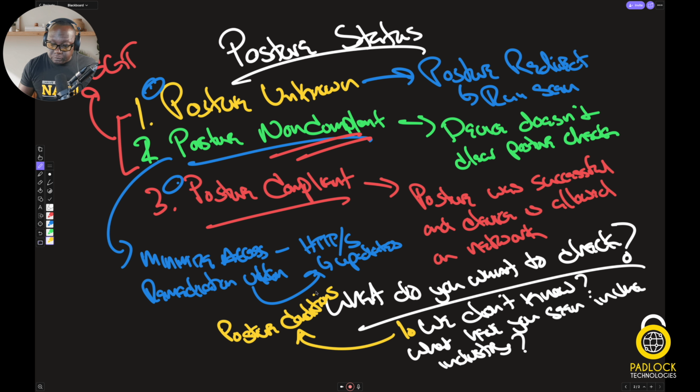The other one, which is what have you seen in the industry? That's a good question. Still bad, but it's better than "we don't know." But I always come back and say, well, what is your security policy? Because what you see in the industry, what works for one person, it may violate your security policy.